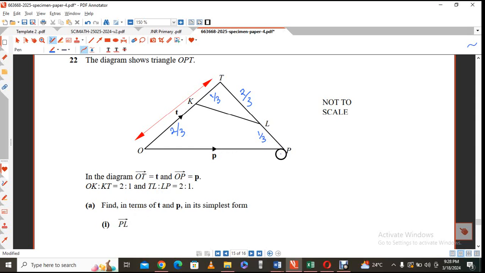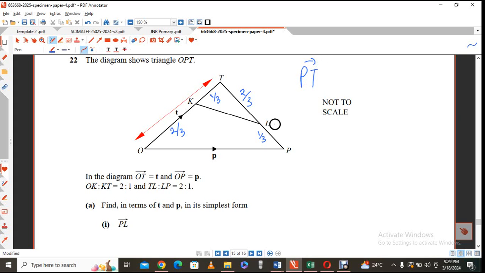It's like going along OP, then going OT, and then also going this distance of PT. So first, what is the distance of PT?